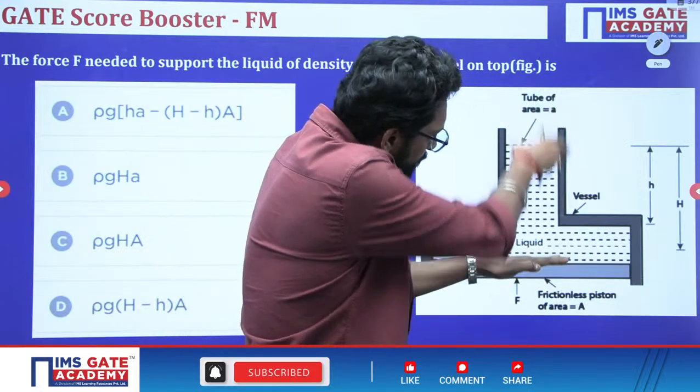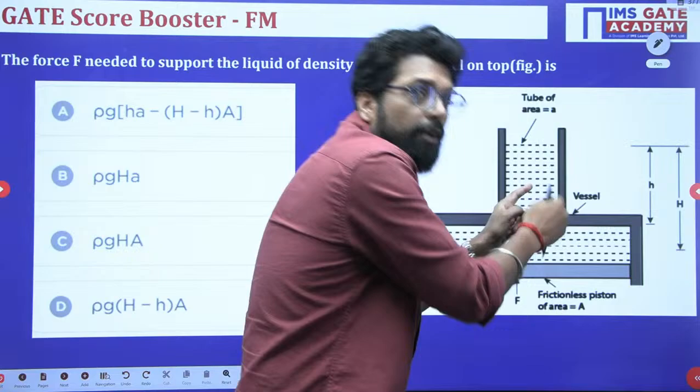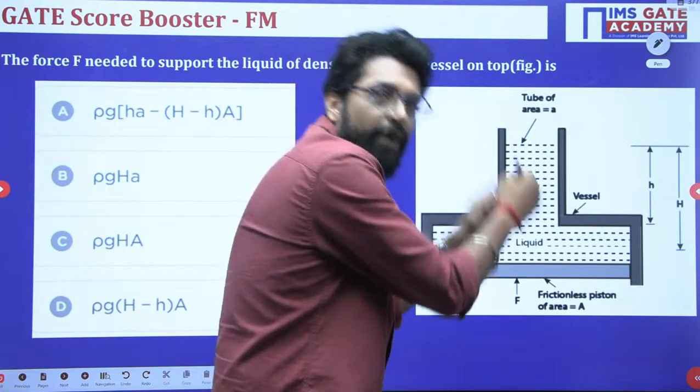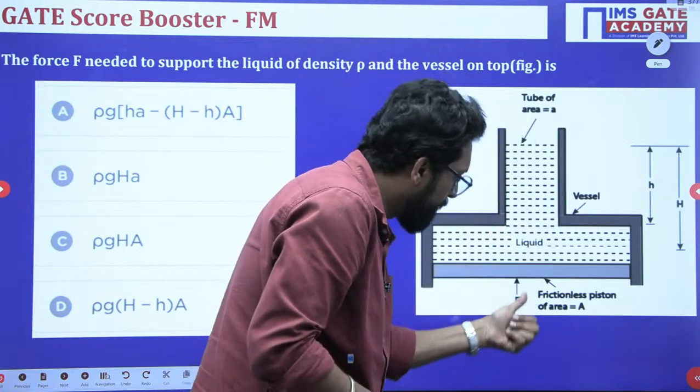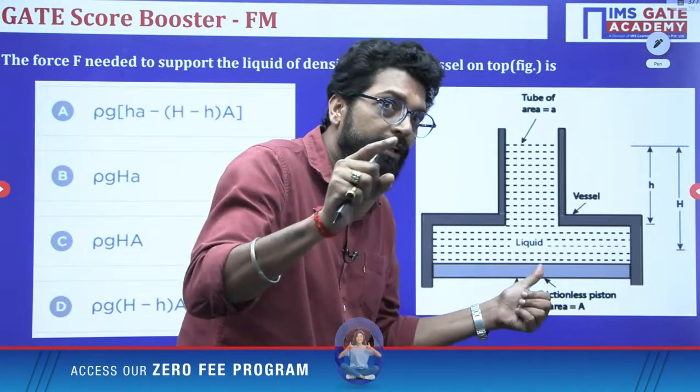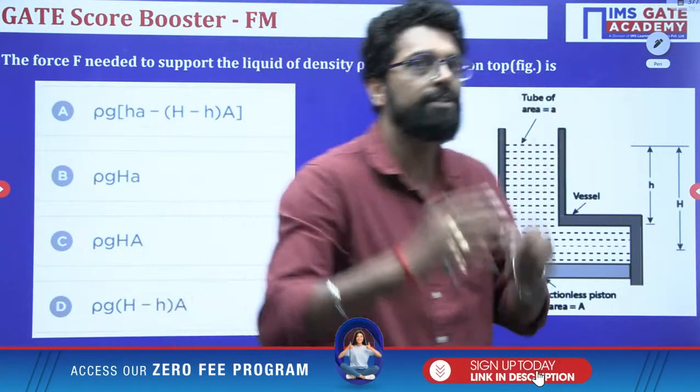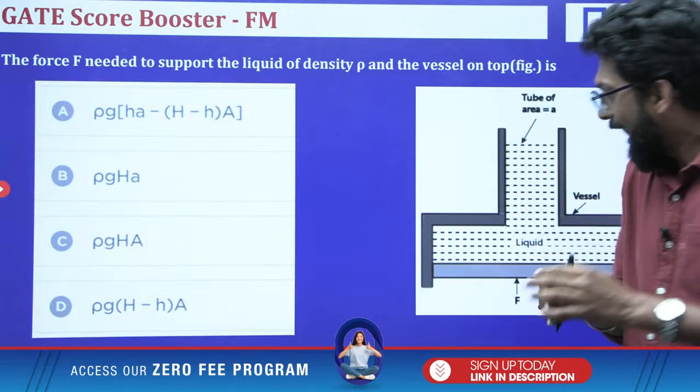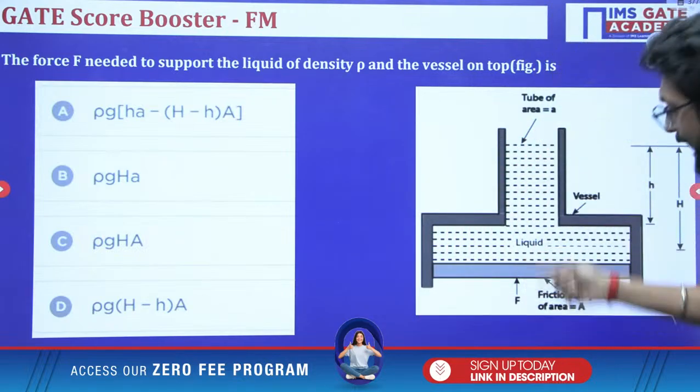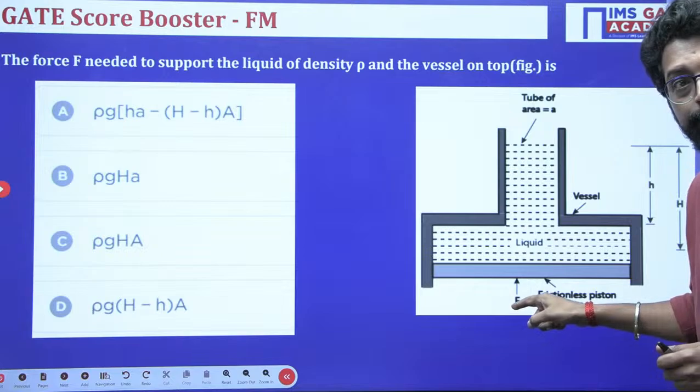What is the weight of the fluid? That weight will be held by F. So F is the weight of the fluid, number one. If you calculate the weight of the fluid, that is exactly equal to the force F.